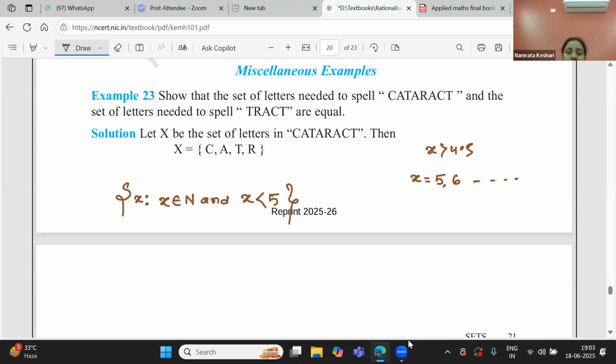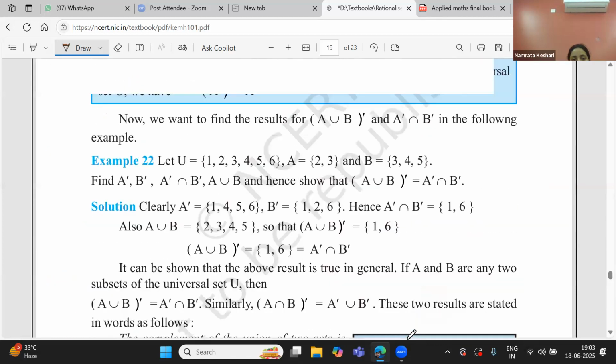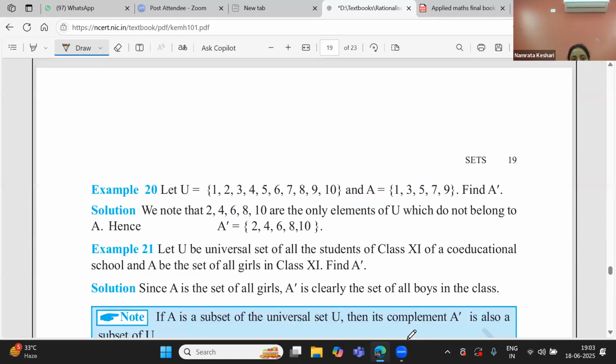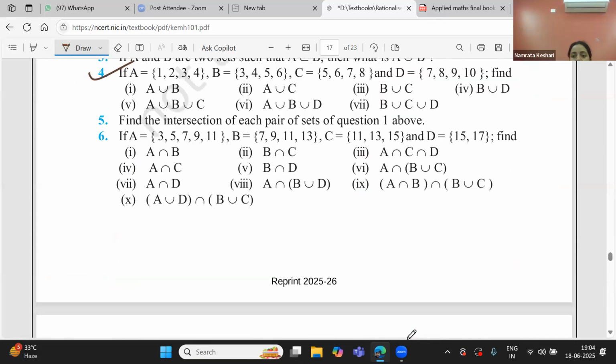Yes, ma'am. Okay. Now Venn diagram. Let me quickly give you the concept of Venn diagram. Just a moment.